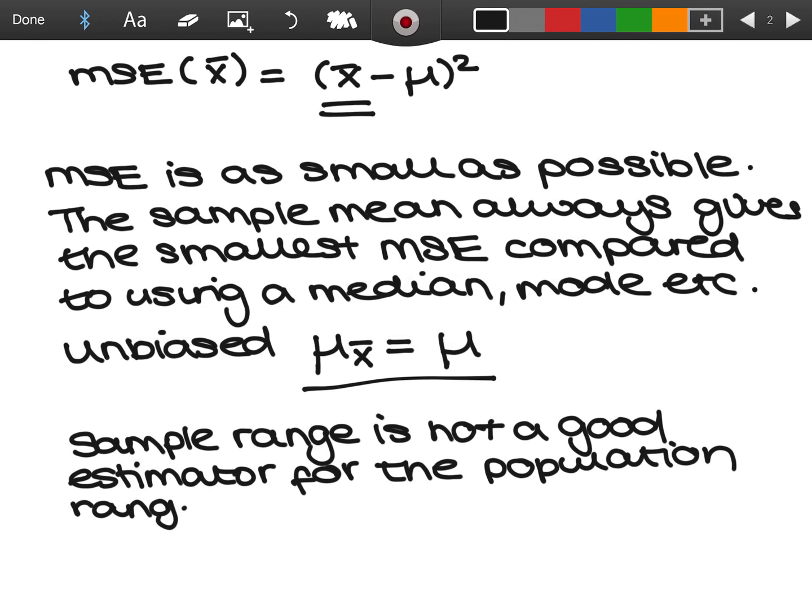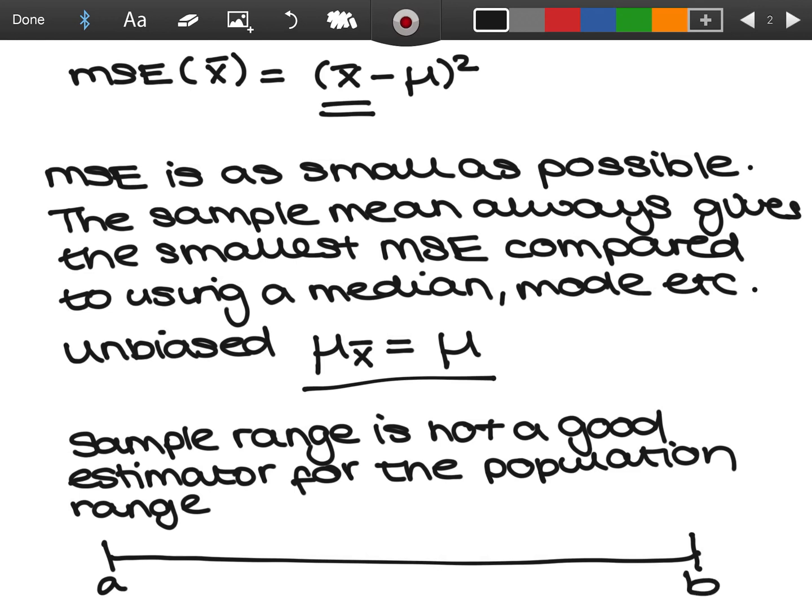Reason being, let's say that your population range was this. A was the smallest value in the population, and B was the largest value in the population. So you have a range here of B minus A. Your population range is B minus A. Now, you're going to have all of your population data points all along this line.